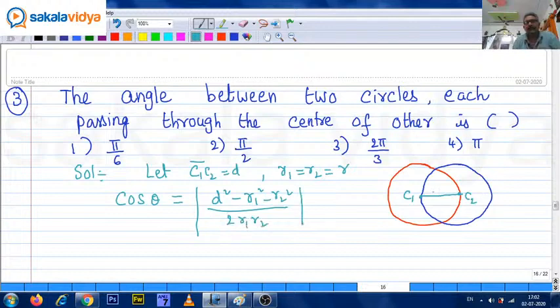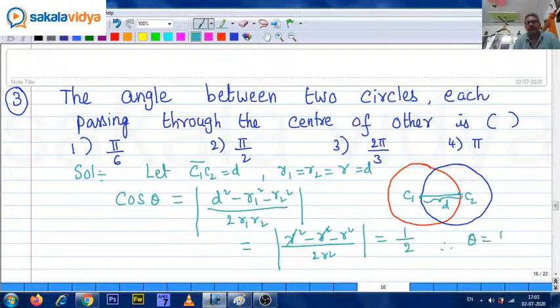It's clear that R is equal to D. Now substituting here, we get D² means R² minus R² minus R² by 2R². R² cancels, we have minus 1 by 2. So therefore theta is equal to 60 degrees, pi by 3.